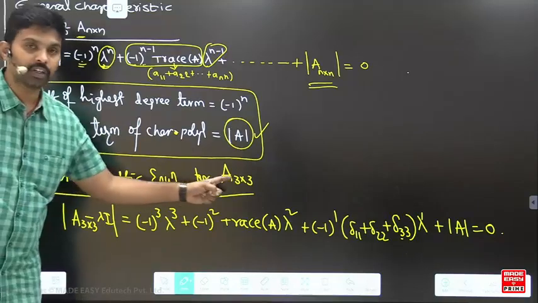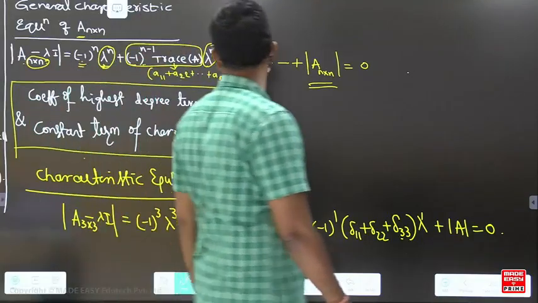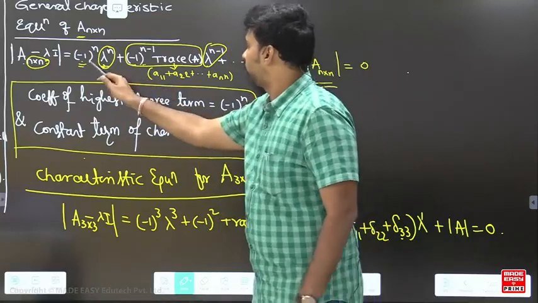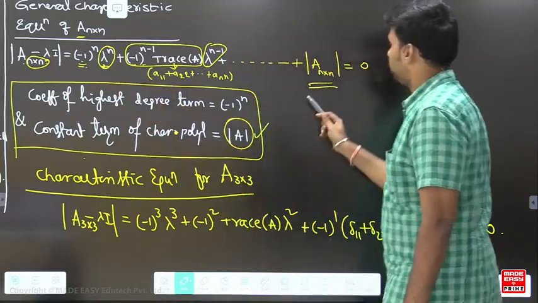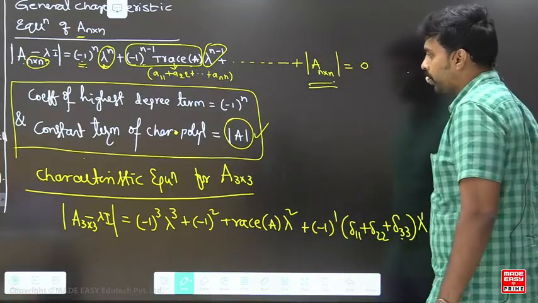The characteristic equation for A 3 by 3. This is the highest degree coefficient, this is the second highest degree coefficient, and this is the constant term.